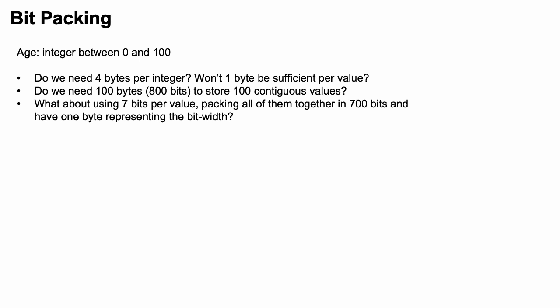Similarly, there is the concept of variable length integer, where you don't upfront tell how many bytes we will be using for encoding the integer value, because different integers can require different bytes to represent them.